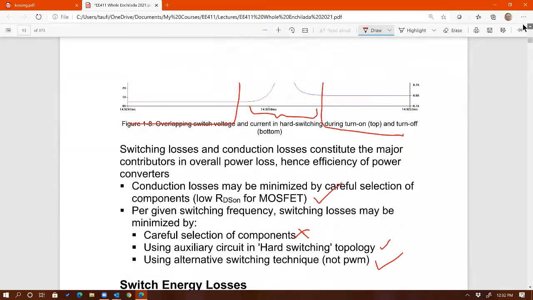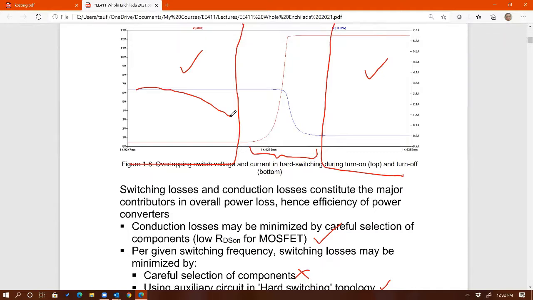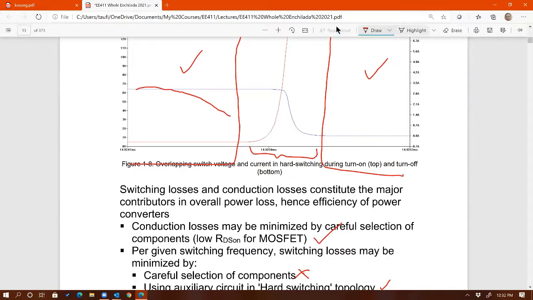So imagine if I'm able to do this. If I'm able to somehow wait until the voltage... This is voltage, right? Blue is voltage. Let me use blue then, so you won't get confused. So if you're able to do this, so the voltage naturally goes to 0, like that.